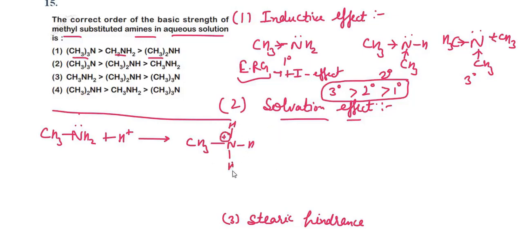An ammonium ion is formed every time any amine accepts H positive ion by giving its lone pair. Now see here, in this case 3 hydrogen bondings are possible. One from this, another from this, and the other from this.